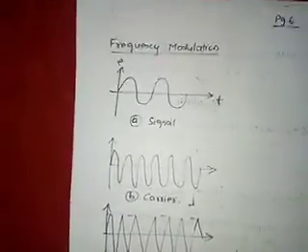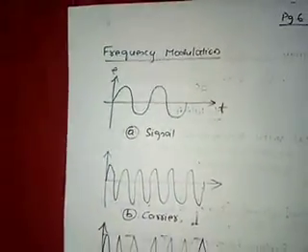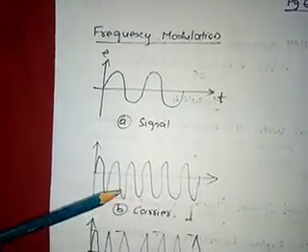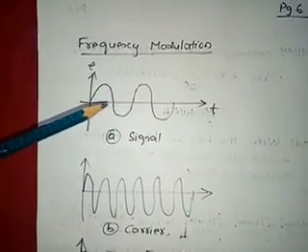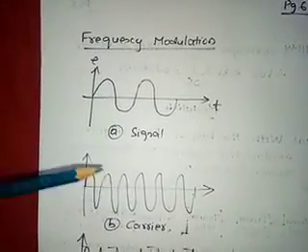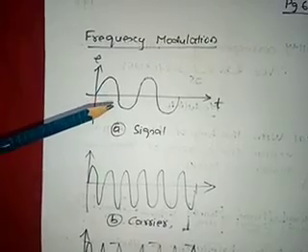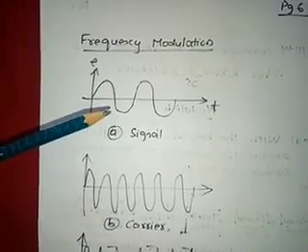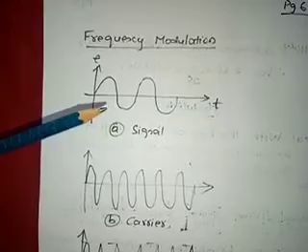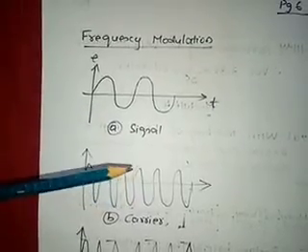In frequency modulation, the frequency of the carrier signal is varied in accordance with the frequency of the information signal. This process we call frequency modulation.